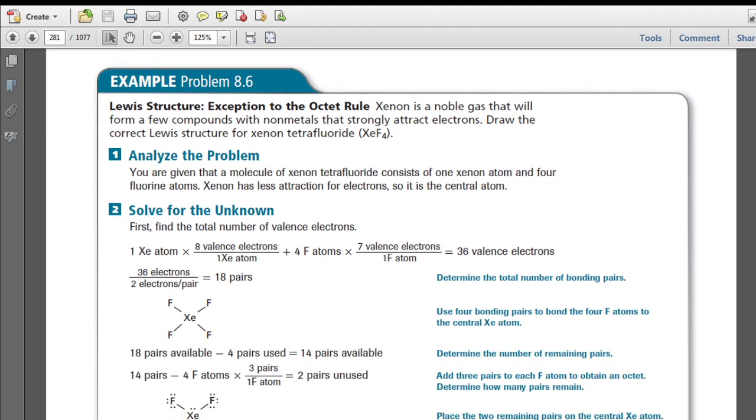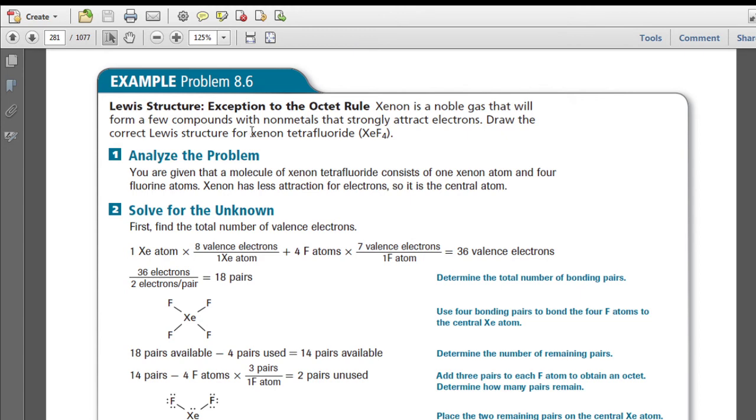Let's look at this example. Xenon is a noble gas that will form a few compounds with nonmetals that strongly attract electrons. Let's draw the correct Lewis structure for xenon tetrachloride. We're going to do the same thing that we've been doing all this time. Let's find out how many valence electrons are available in this given compound.